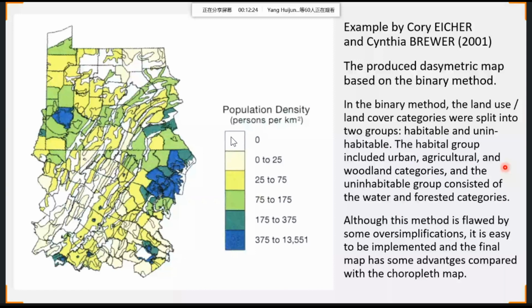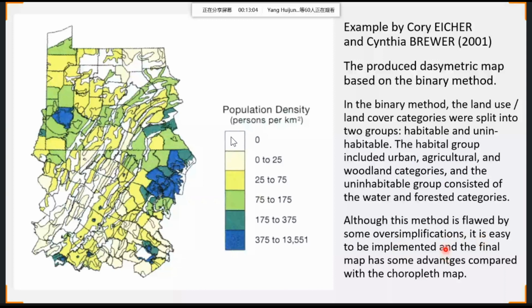It is clear that urban and agricultural are quite different when it comes to population density and the chance of how many people would live there or could live there, and also woodland. So they are treated as the same here. Therefore, this method is flawed by some oversimplifications. But still, it is easy to implement.